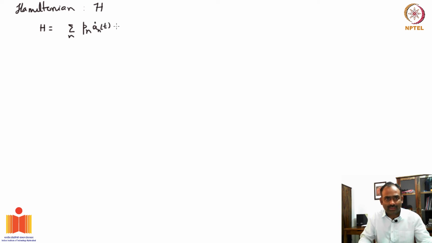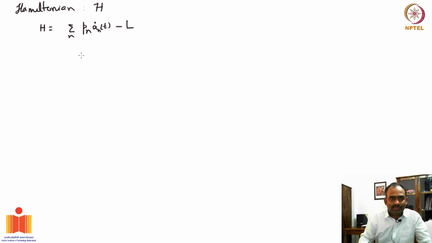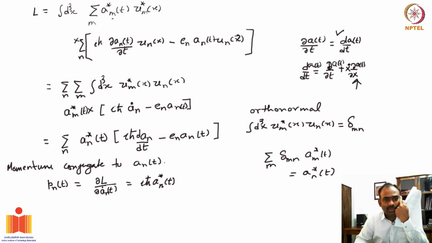PQ dot minus the Lagrangian. Okay, and what did we find Pn to be? Pn was iℏ An star. So let's write that: iℏ An star An dot, I'm suppressing t now, summation, L minus... let's go back and see what the Lagrangian was.